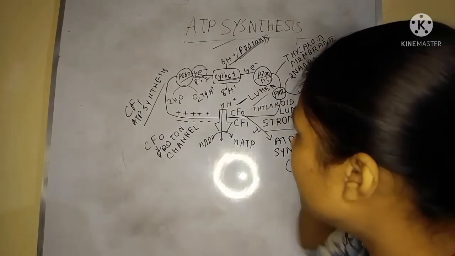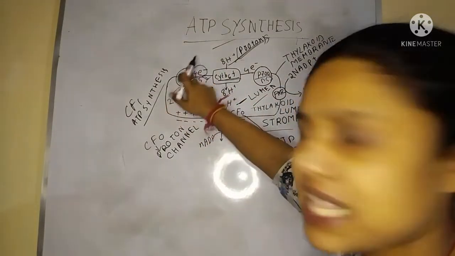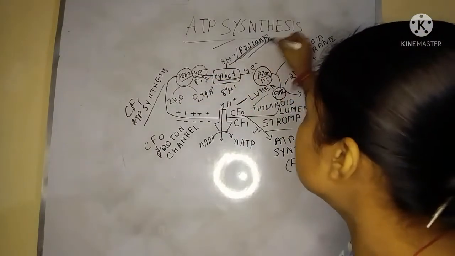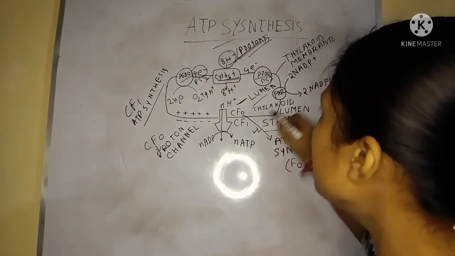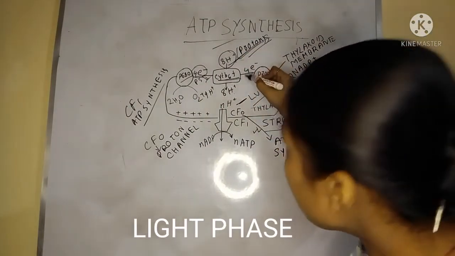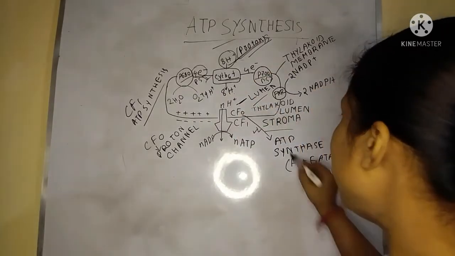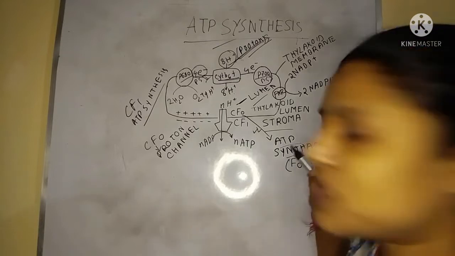When the electron transfer occurs from P680 to P700, at the same time 8 H+ enter into the thylakoid lumen, and due to the presence of the ATP synthase enzyme, it helps in ATP synthesis.